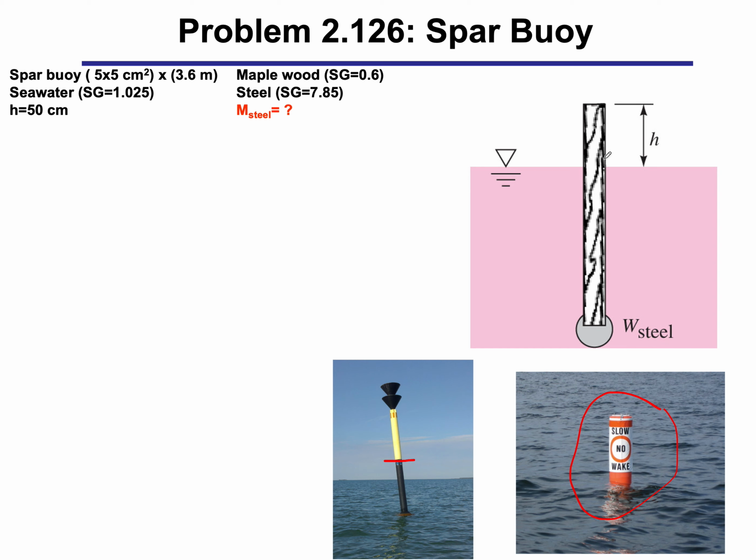So you have wood that floats, and then you have steel that sinks, and the combination of this is going to be something that sinks and floats at the same time. So you have something floating of height h of the wood and the rest of it. So what is underneath the water is much more than what you see above the surface of the water.